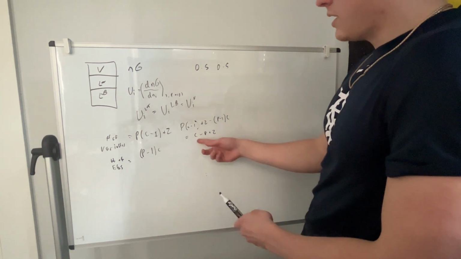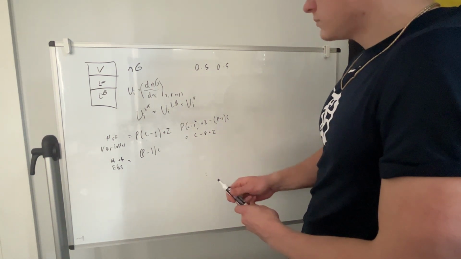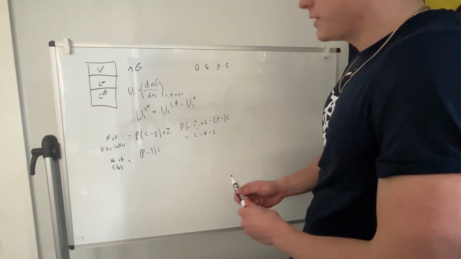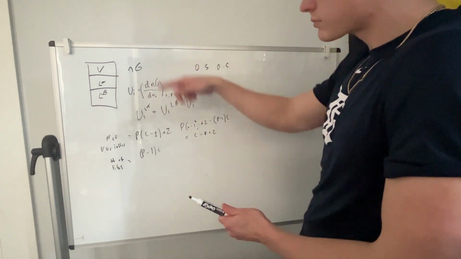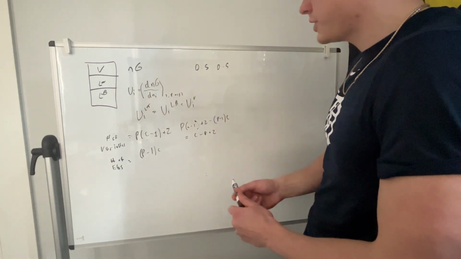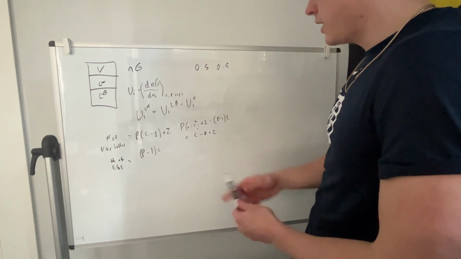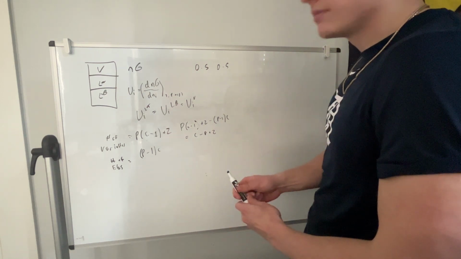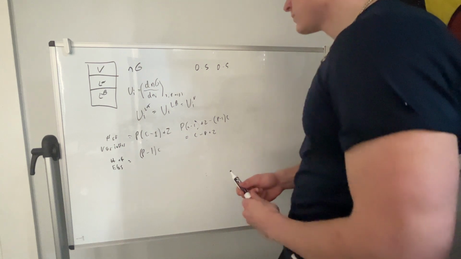And this relates the number of components, C, and the number of different phases, P.